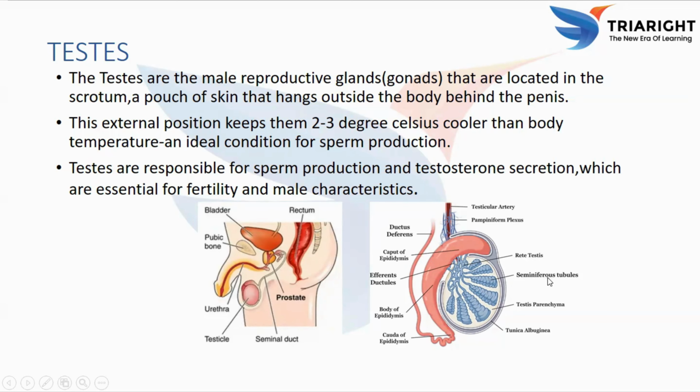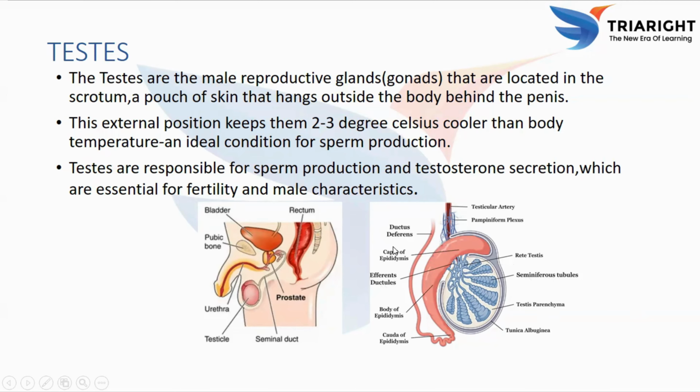The rete testis is a network of channels in the mediastinum testis, which is a thickened area in the posterior testis. From the rete testis, sperm passes into the efferent ductules, and from the efferent ductules, sperm passes into the epididymis.